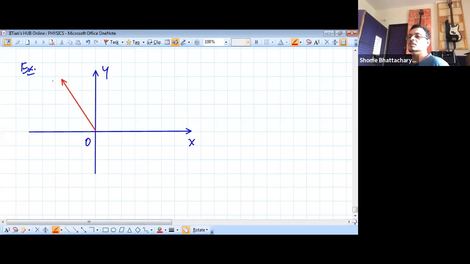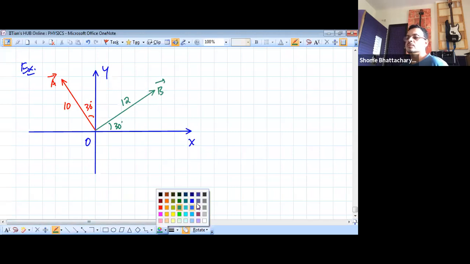Let's say it's of magnitude 10 units and this angle is 30 degrees. Whereas we have another vector which is of magnitude 12 units and this angle is 30 degrees. Okay? So now the question is: express A and B in component form.